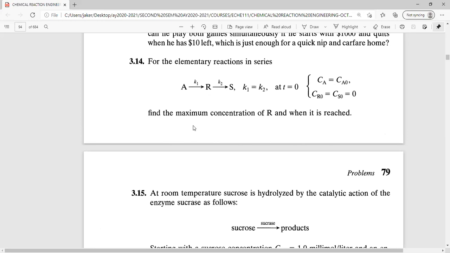and when this particular maximum concentration was reached. So it follows then, class, that this particular problem would allow you to check whether in principle you were able to apply the principles discussed in the derivation of the different formulas in determining the concentration of A, R, and S after some time.